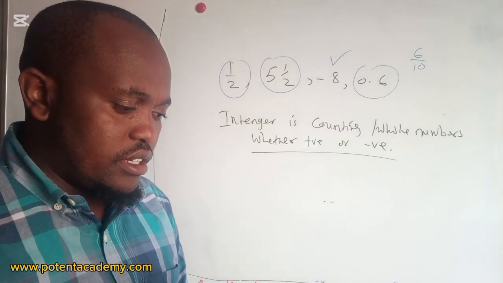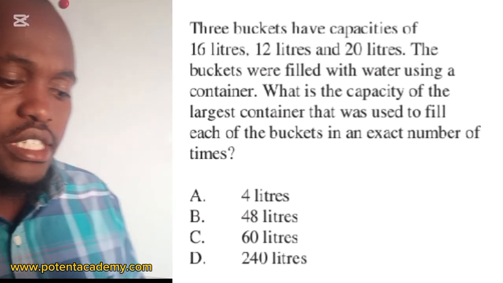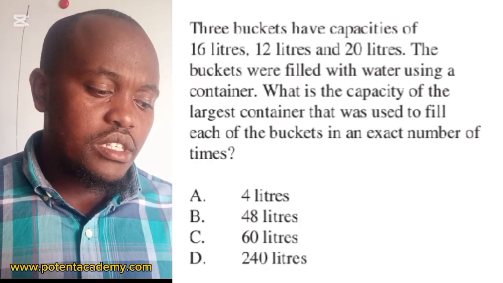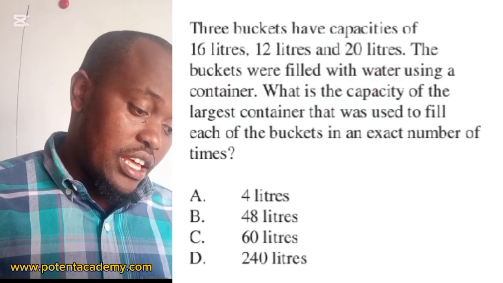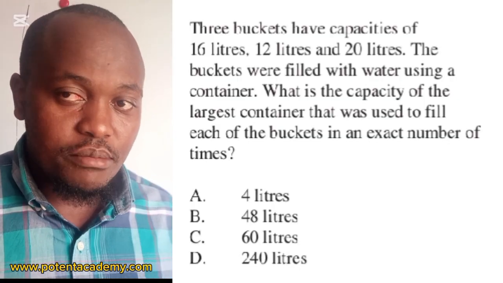The next question: 3 buckets have capacities of 16 liters, 12 liters, and 20 liters. The buckets were filled with water using a container. What is the capacity of the largest container that was used to fill each of the buckets in an exact number of times?